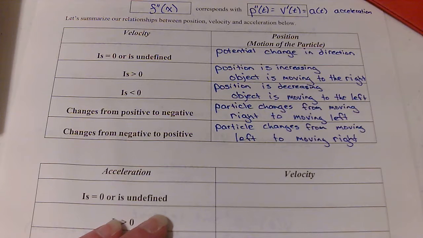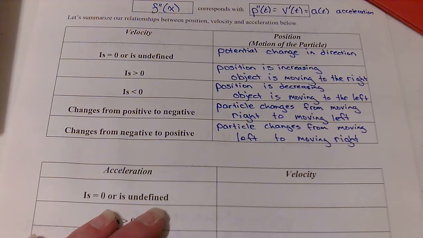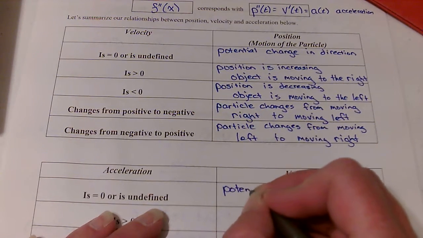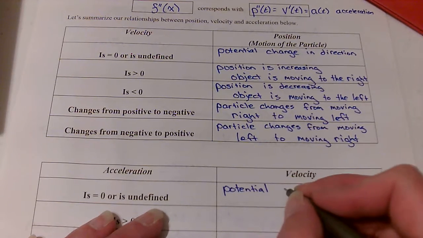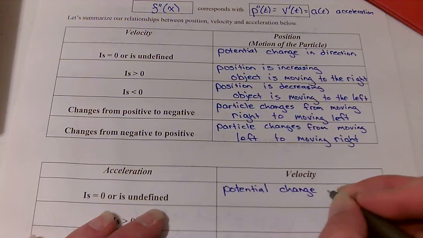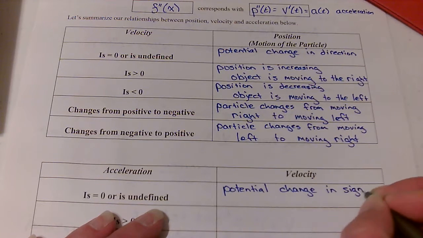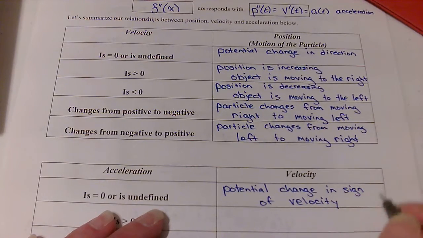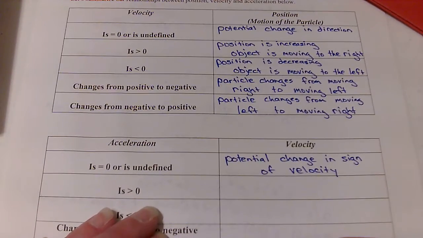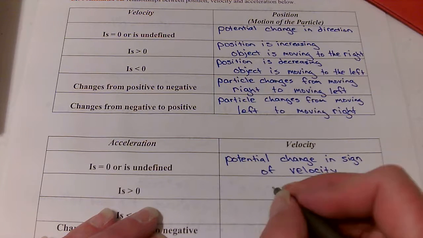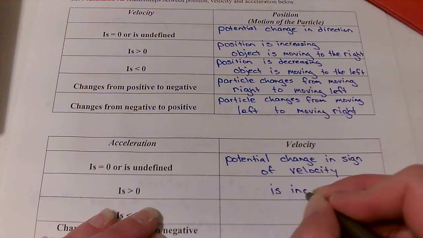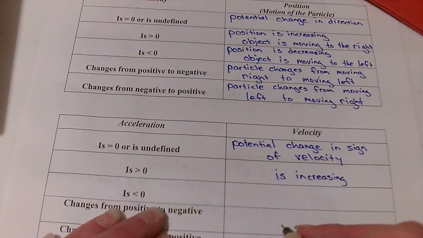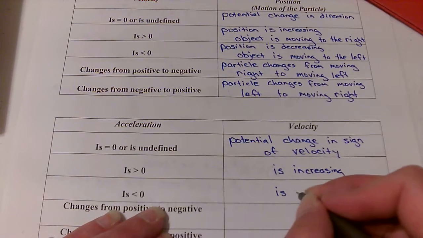Acceleration. If acceleration is 0 or undefined, that's going to be a potential change in sign of velocity. If acceleration is positive, then velocity is increasing. If acceleration is negative, velocity is decreasing.